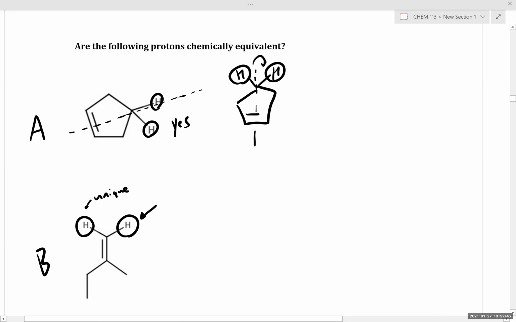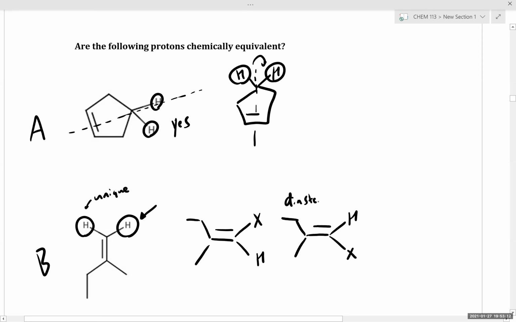Professor, I have a question. Yes. So if this problem was on a quiz or a test, we would just say that there's no plane of symmetry and each one is unique, would that be enough explanation? Or you can show the results of the substitution test. Oh, okay. We can clearly tell that these two compounds are diastereomers, right?